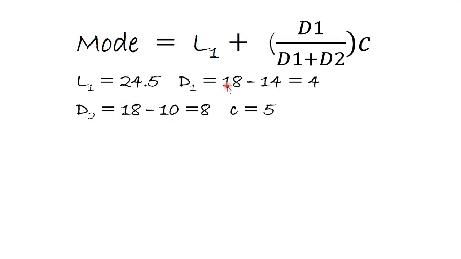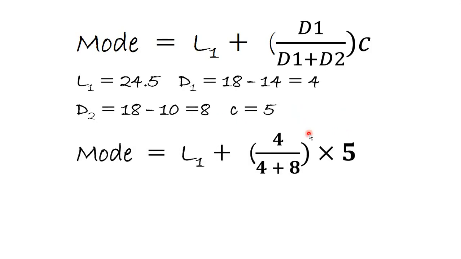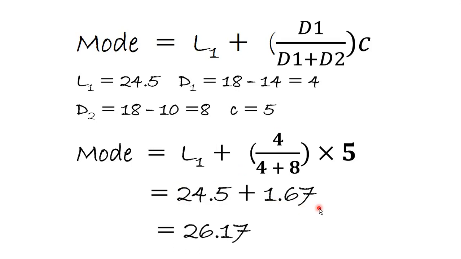Then C is 5, because you just need to subtract the lower class boundary from the upper class boundary. So when we substitute, we shall have our mode as 24.5 plus 1.67, which will give us 26.17, and that will be the mode.